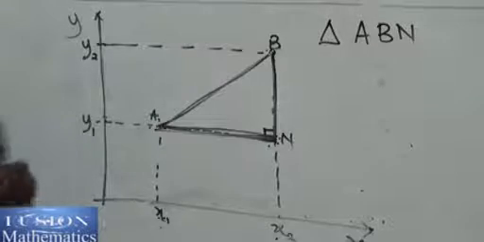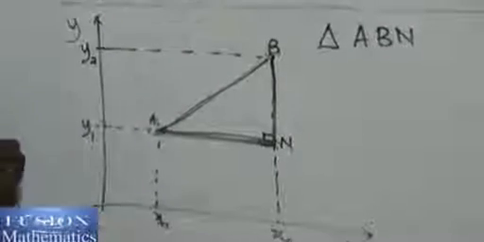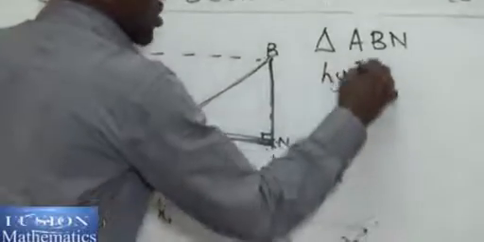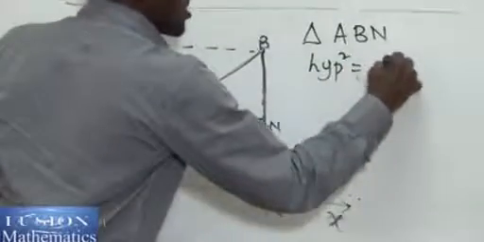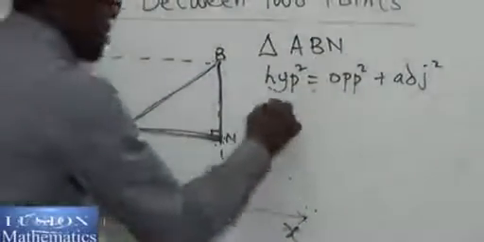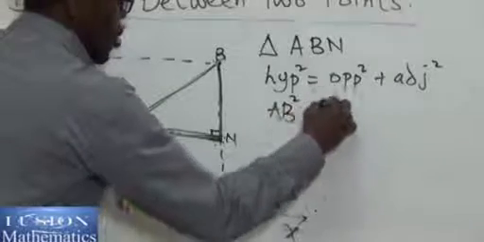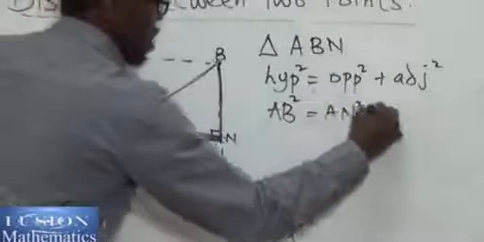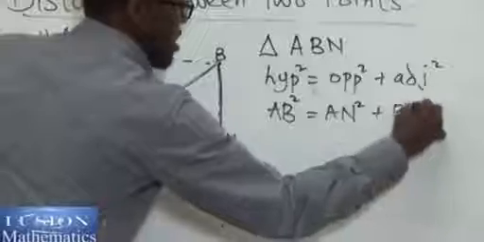In this right-angled triangle, by Pythagoras' theorem, we know that the hypotenuse squared is equal to the opposite squared plus the adjacent squared. Thereby, we have AB squared equals AN squared plus BN squared.